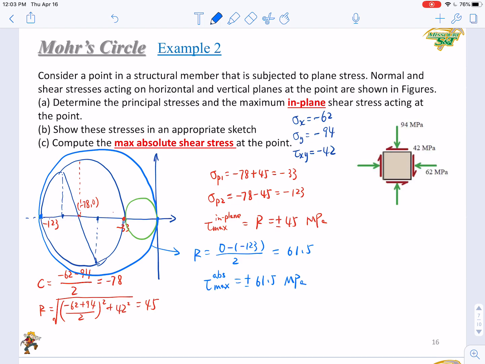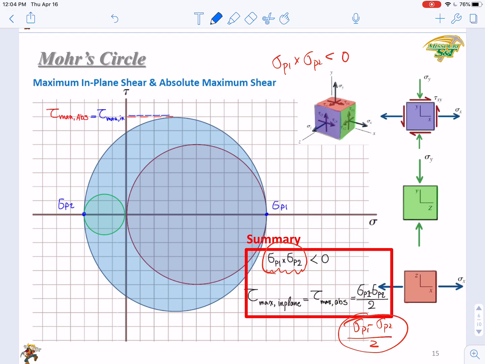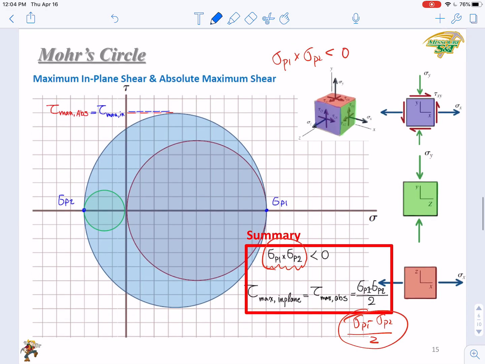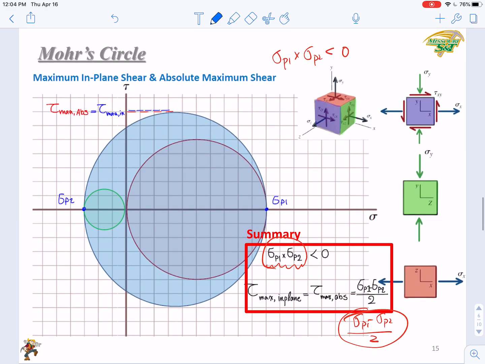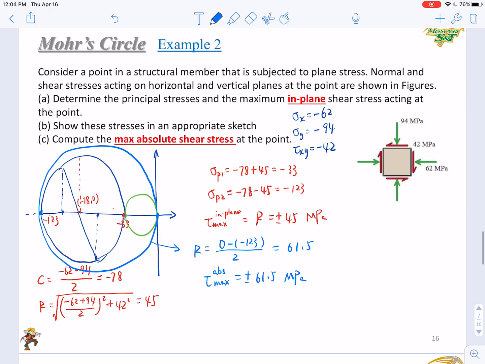So this is how we solved this one, the maximum absolute shear stress using a 3D Mohr circle. But if you know this theory, you can judge it quickly, since in this case sigma P1 and sigma P2 are both negative, so their product will be positive.